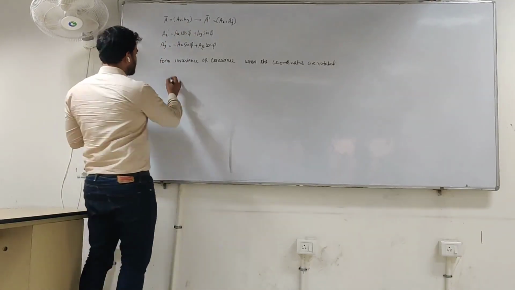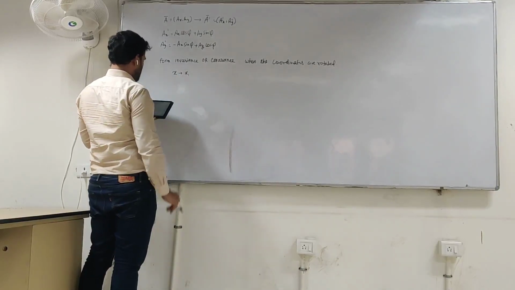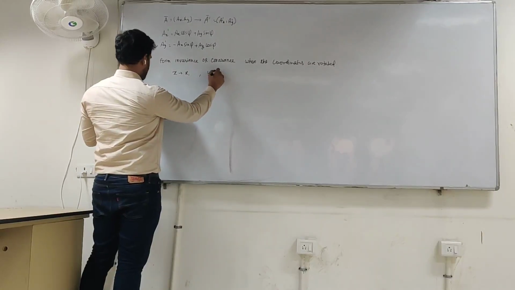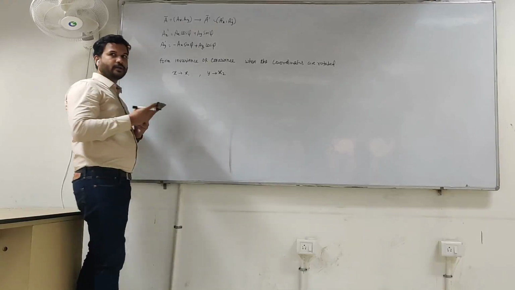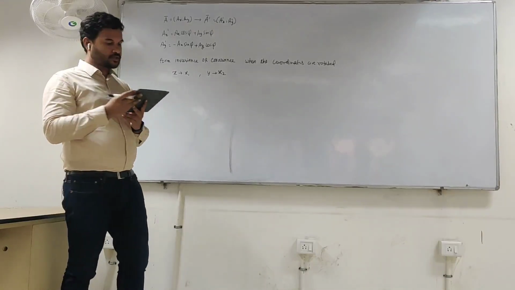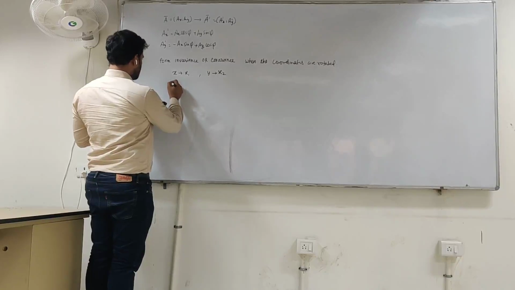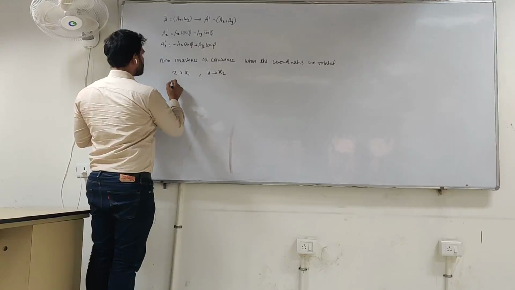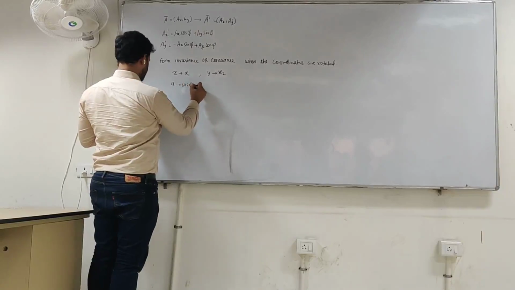We will use more compact notation: x is equal to x1 and y is equal to x2, and you define a11 and the other coefficients as cosines.